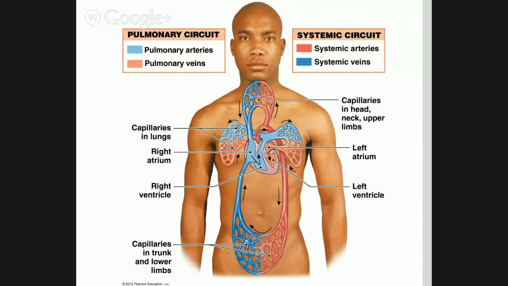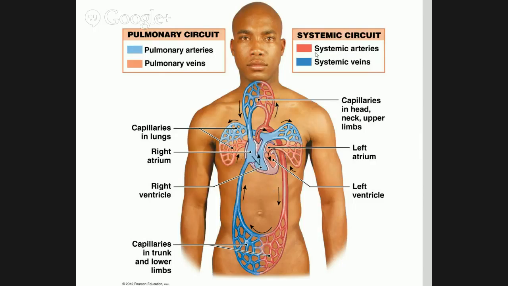We usually think of this as 2 different circuits. The pulmonary circuit, which is the heart to the lungs, back to the heart, and the systemic circuit, which is the heart to the body, back to the heart. And while there's a left and a right side to the pulmonary circuit, there's an upper and lower, or superior and inferior component to the systemic circulation.